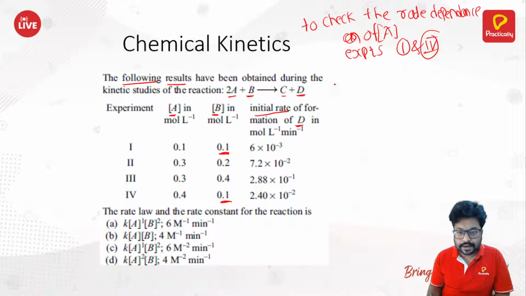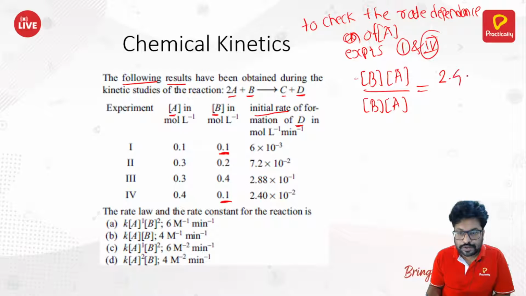How can we do that? Experiment number 4, concentration of B, concentration of A. Rate of reaction for the fourth experiment, how much is it? 2.4 into 10 raised to minus 2 divided by 6 into 10 raised to minus 3.